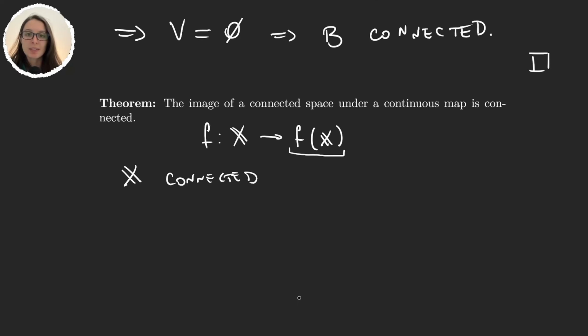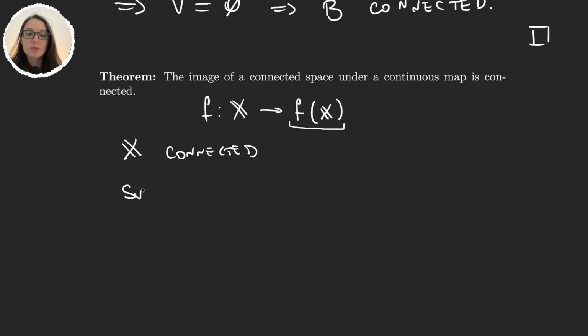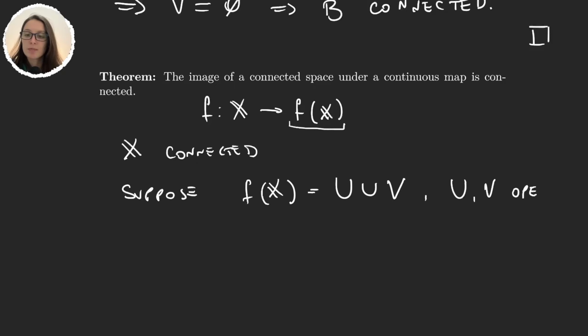Like we did in the last theorem, we're going to suppose that f of X can be separated into the union of two sets, where U and V are open and their intersection is empty.